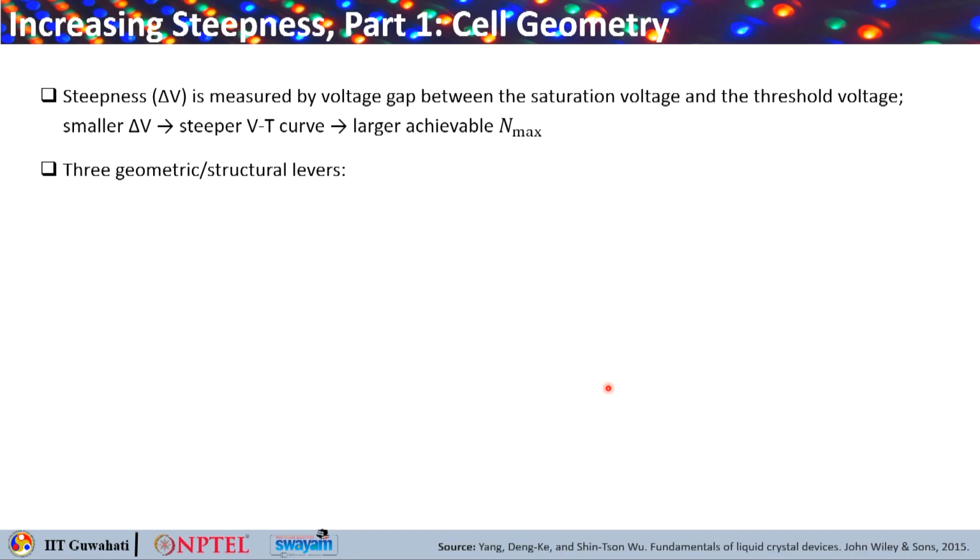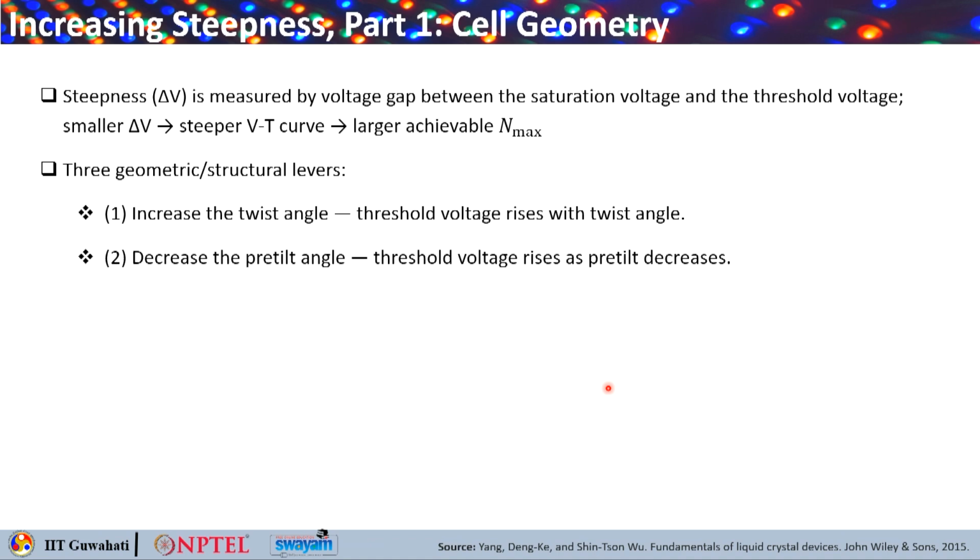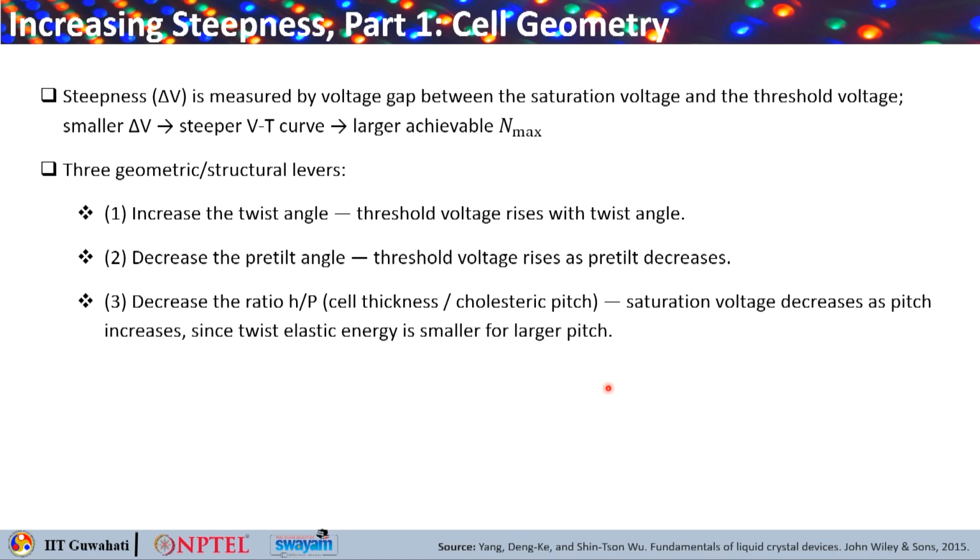So there are basically 3 geometrical or structural levers. One possibility is that you increase the twist angle, so your threshold voltage will basically rise with the twist angle. Second, you can decrease the pre-tilt angle, because your threshold voltage will rise as you reduce the pre-tilt angle.